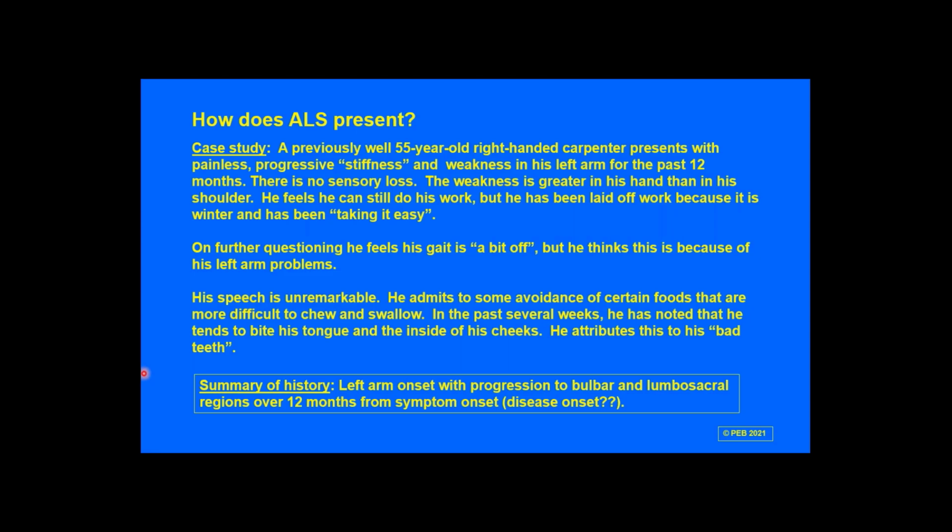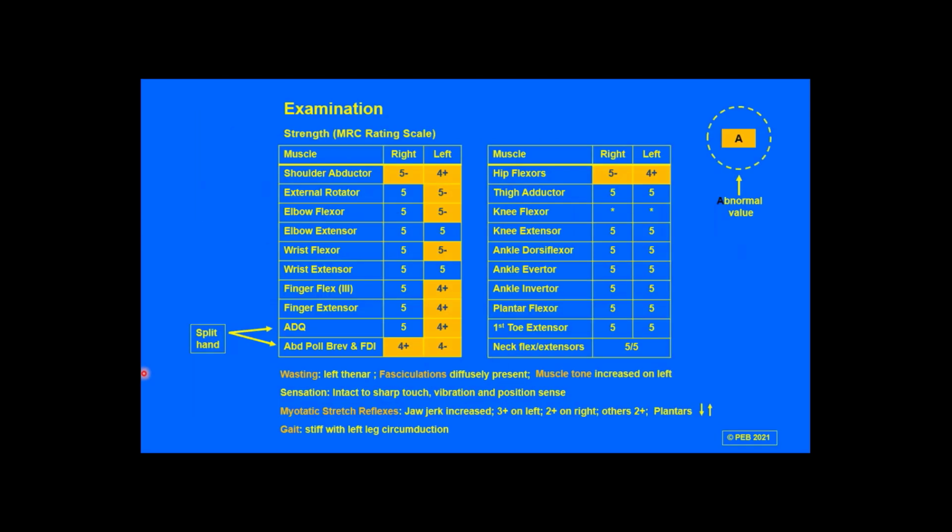In this case, it began in the left arm with progression to the bulbar region with chewing and swallowing, and somewhat in the gait, which he felt was a little off but thought it was because of his left arm problems, which is often how patients attribute their problems.